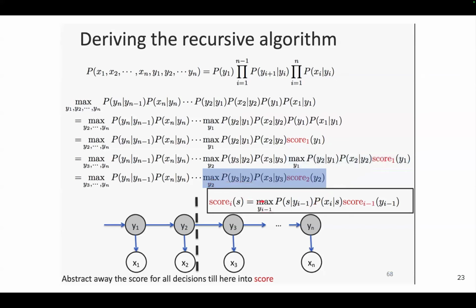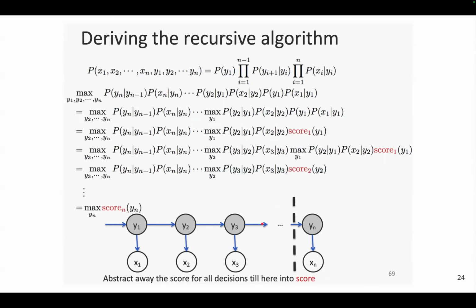This i minus 1 is 2, and again i minus 2 comes in score 2. So if we kept doing this through this gigantic sequence of products of probabilities, we would keep seeing this kind of pattern. That's good, because that means we can pre-compute some things and reuse them when we are trying to get the maximization over all possible sequences.